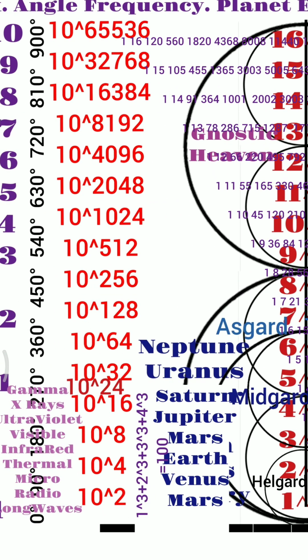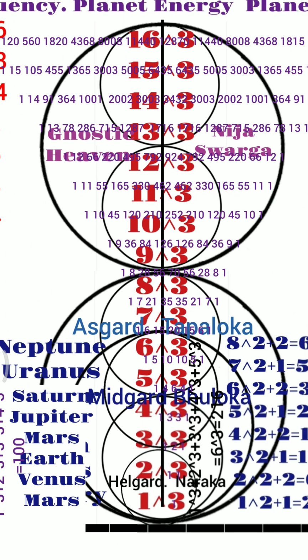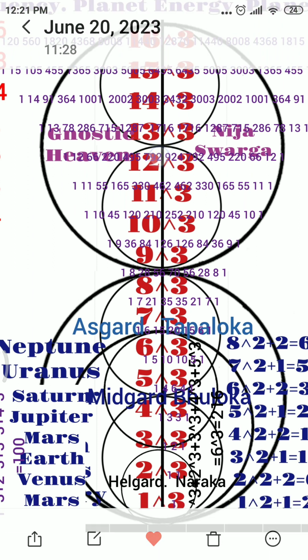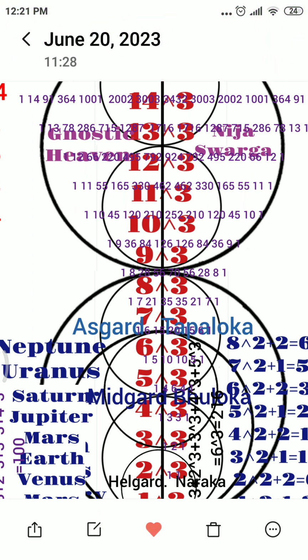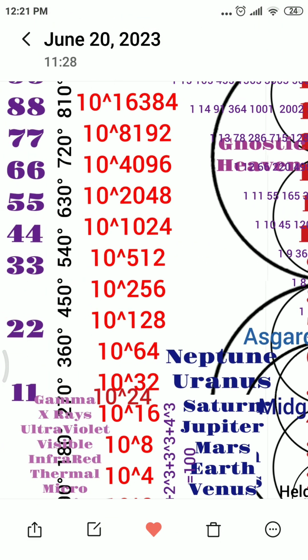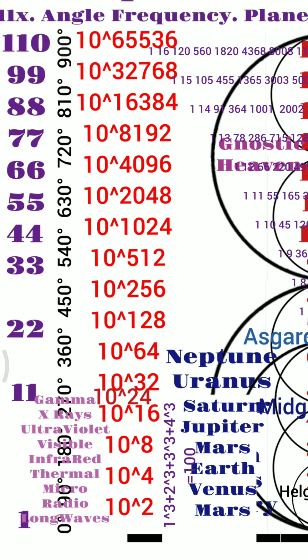We have seen that starting from 0, 90 degrees, 180 degrees, 270, 360, plus 450, 530, 620, 630, 720, and 810, and then 900.